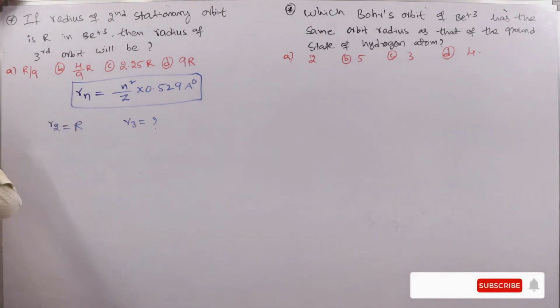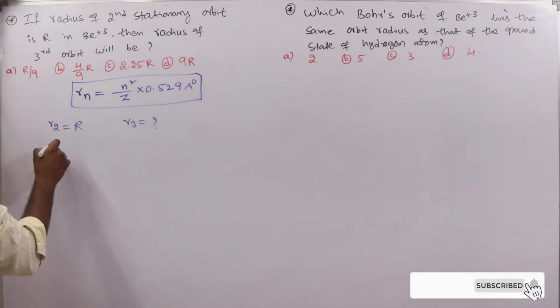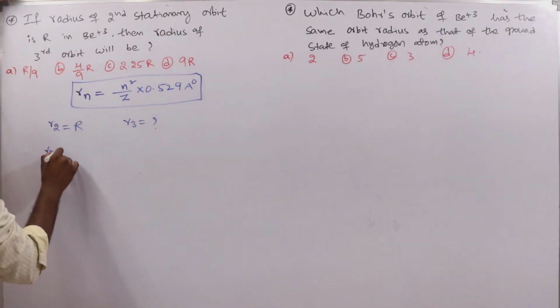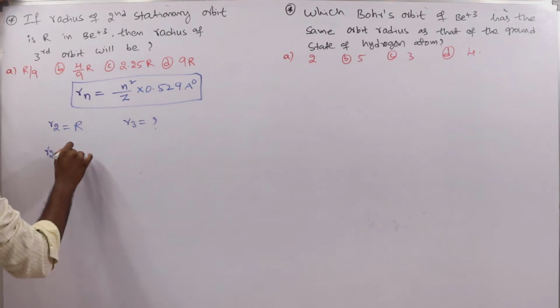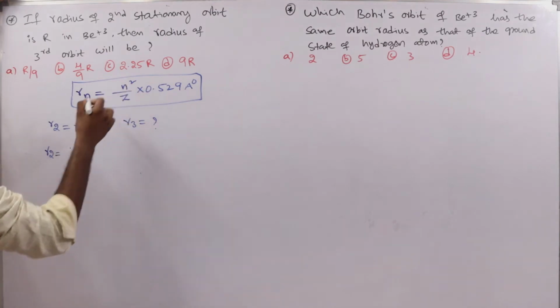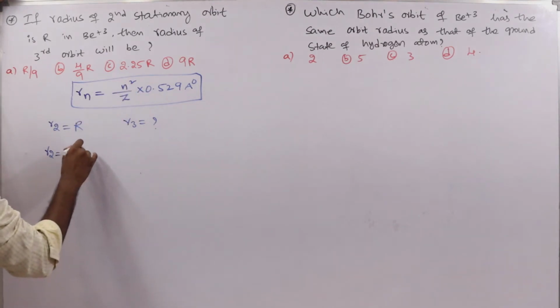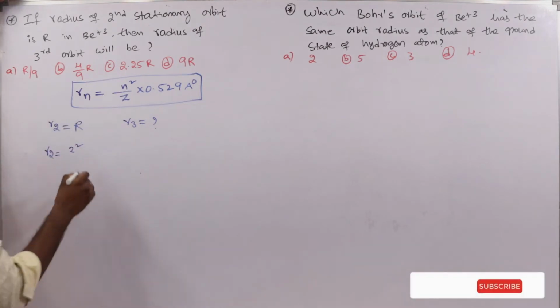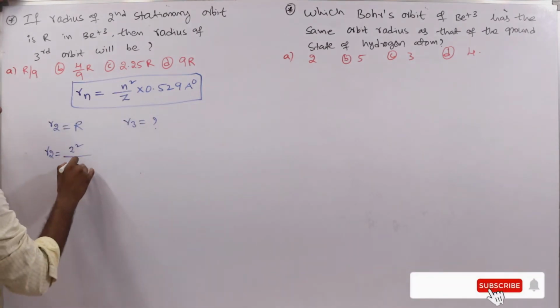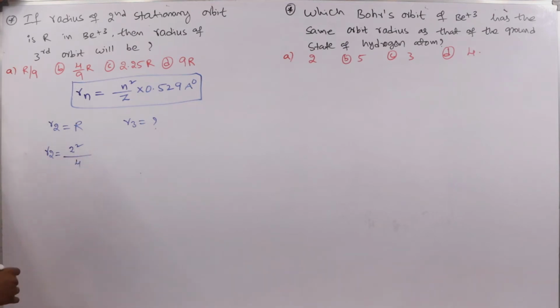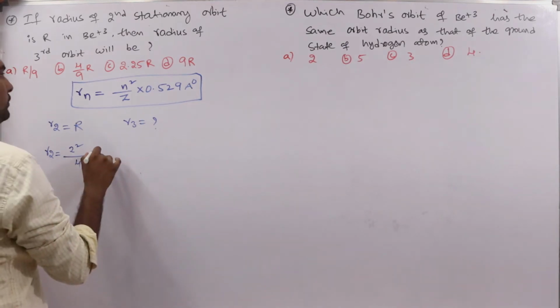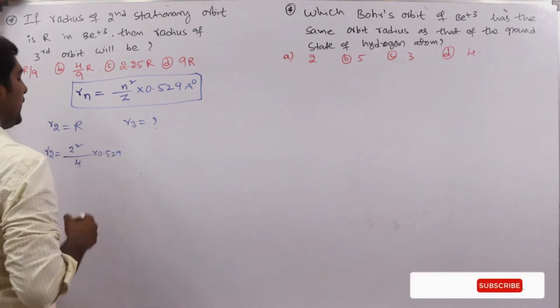See, from this relation we can write r2 is equal to n square, 2 square, n is equal to 2, so 2 square by Z, for beryllium how much? 4, into 0.529.